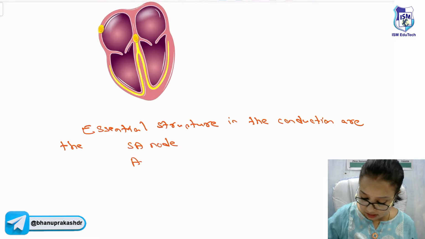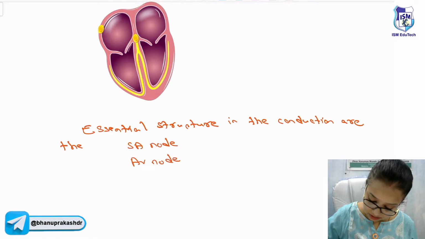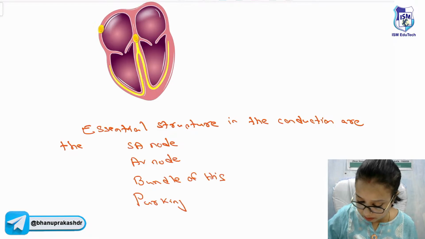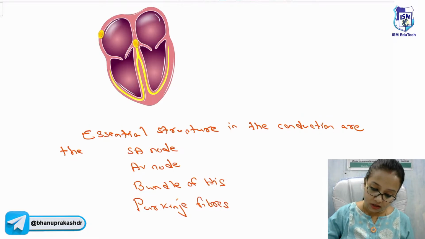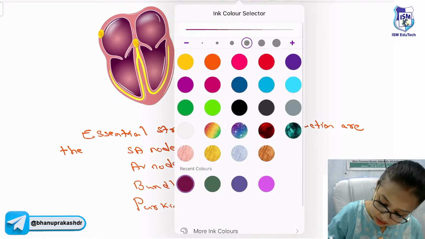Then we have the AV node. We have the bundle of His and Purkinje fibers. Okay.